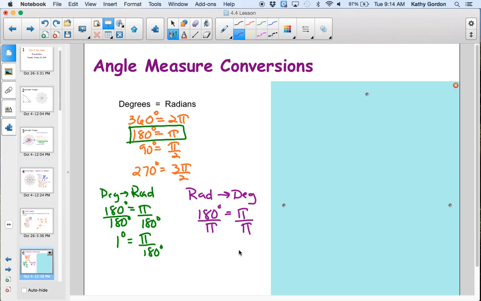I'm going to figure out what 1 radian would be equal to, so that I can multiply that by the number of radians I'm given. So if I'm trying to go from radians to degrees, then I multiply everything by 180 over pi. And what's nice about that is our pi should then cancel out, and we'll just get something numerical that makes sense as a degree measure.